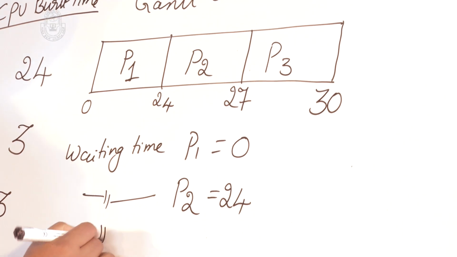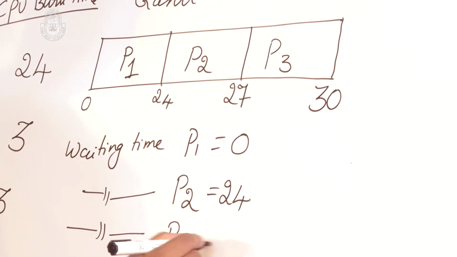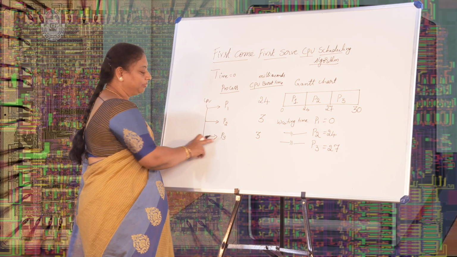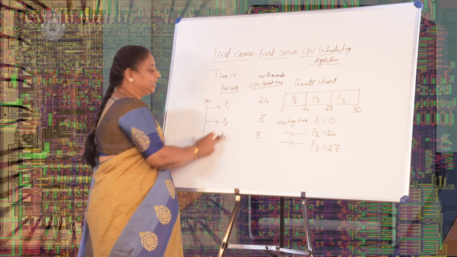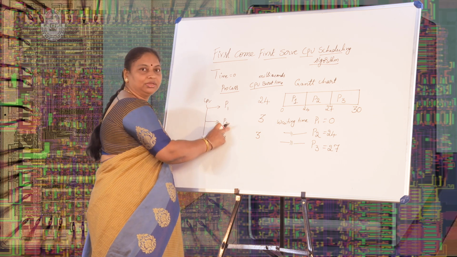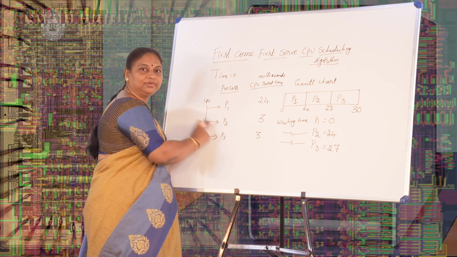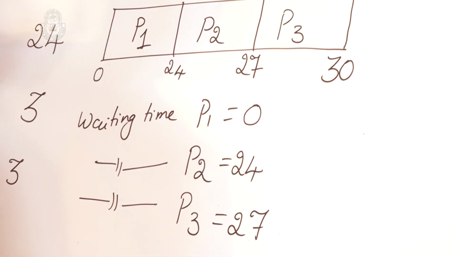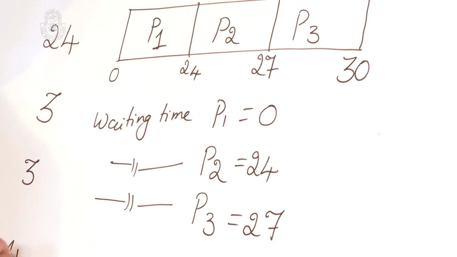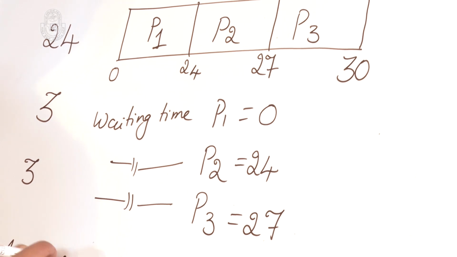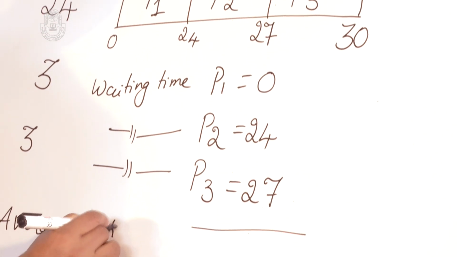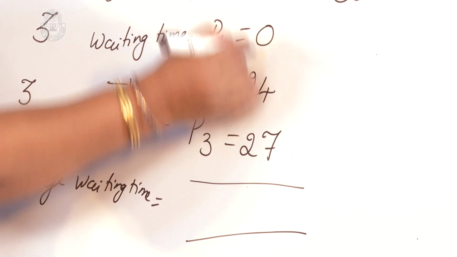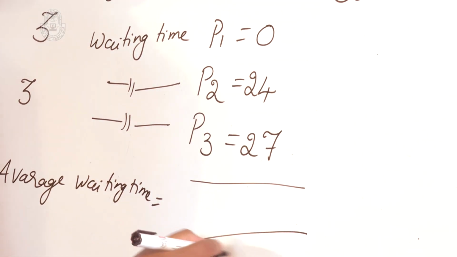Then what is the waiting time for P3? It is 27, meaning P3 should wait till the completion of the execution of P1 as well as P2. So when we take the average of these, the average waiting time is nothing but the sum of these divided by 3.